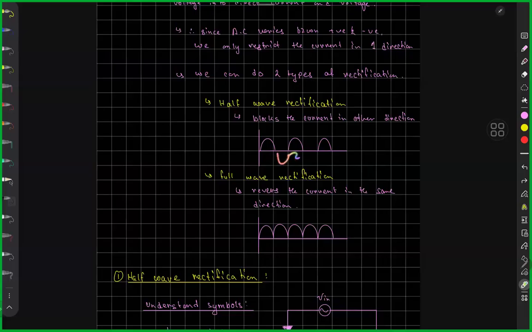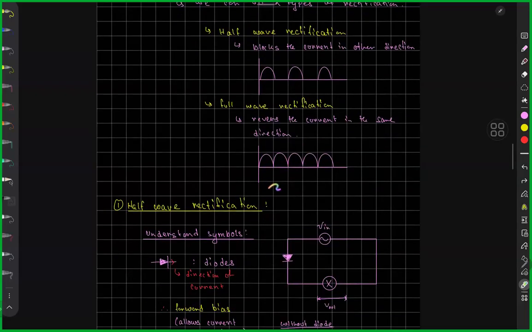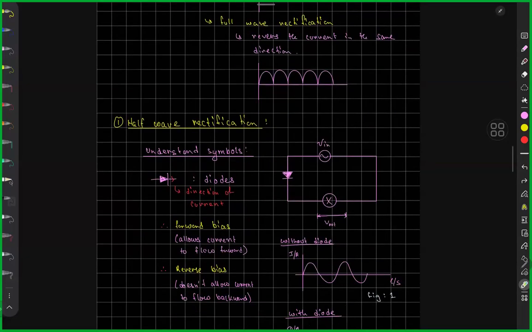We don't want to lose this current essentially. That is why I find the process of full wave rectification very interesting. So essentially, in half wave rectification, we just don't allow opposite direction current. In full wave rectification, we take the opposite current and direct it in the same direction as the main one.